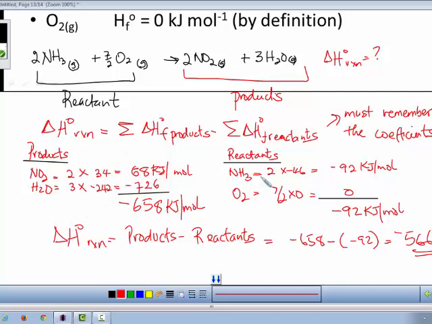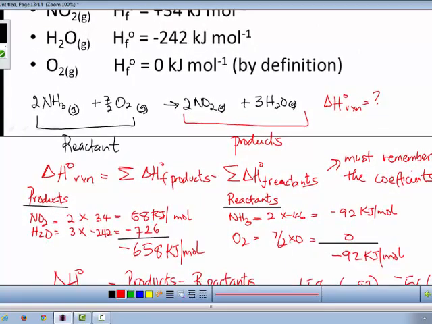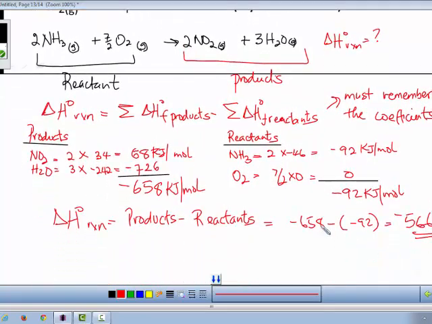Then we have our reactants. We have ammonia. We have 2 moles of ammonia, and we have oxygen. Now we're using the values that were given above. If you recall, for ammonia it's minus 46, so it's 2 times minus 46, that gives us minus 92 kilojoules per mole. Oxygen, although it was given in the question this time that delta HF is 0, it is not always given.